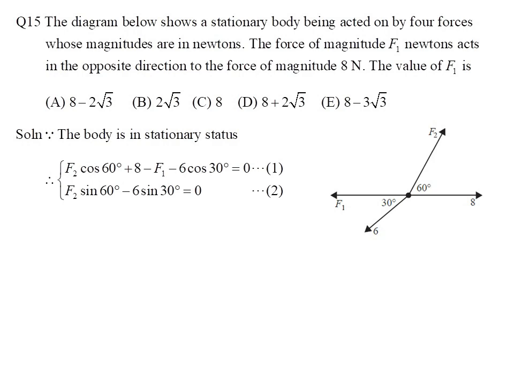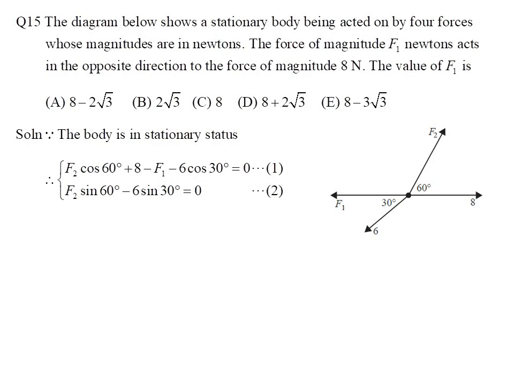In the horizontal direction, we have F sub 2 times cosine 60 degrees plus 8 minus F sub 1 minus 6 times cosine 30 degrees equals 0. While in the vertical direction, the equation is F sub 2 times sine 60 degrees minus 6 times sine 30 degrees equals 0.